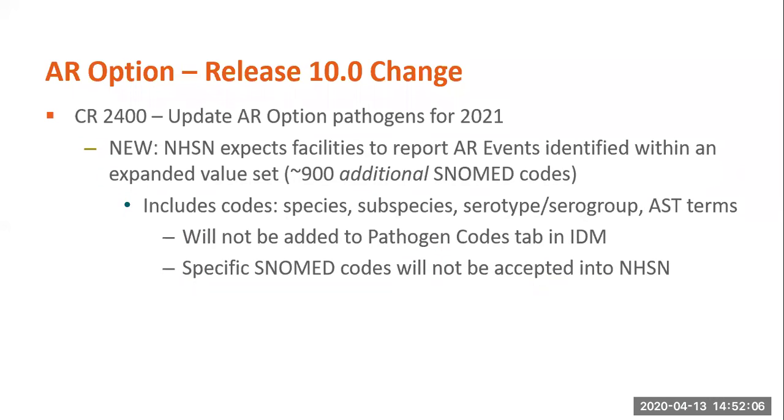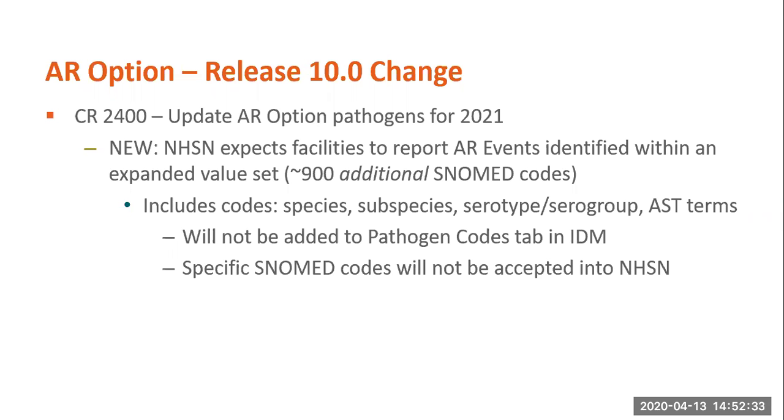And when folks ask us, I have these specific SNOMED codes for the E. coli serotype that were identified, can I report them? Right now, we have to say no because we are not giving everyone that same guidance. So this change is an effort to standardize our instructions of which pathogens can be reported to NHSN.